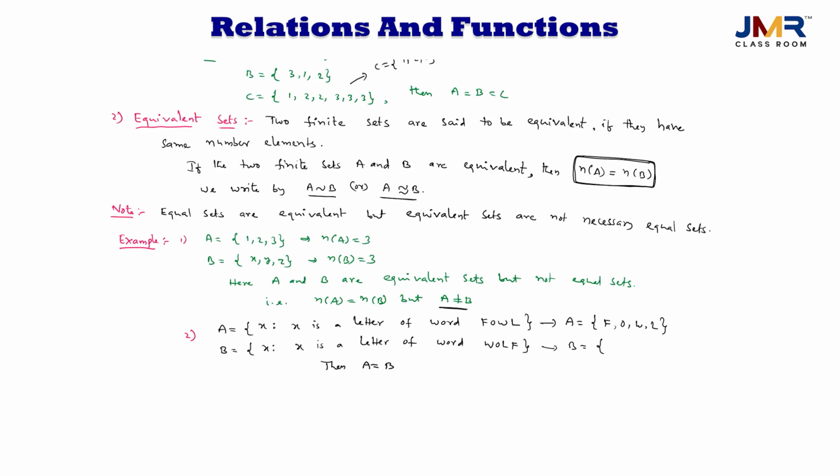Then the set is W, O, L, F. Then F is there in both the sets. O is also there. L is also there. W is also there. So here N of A equals N of B equals 4. These sets A and B are both equal and equivalent sets.